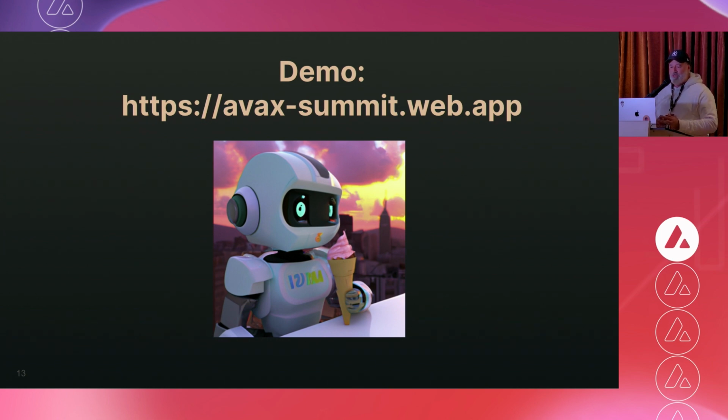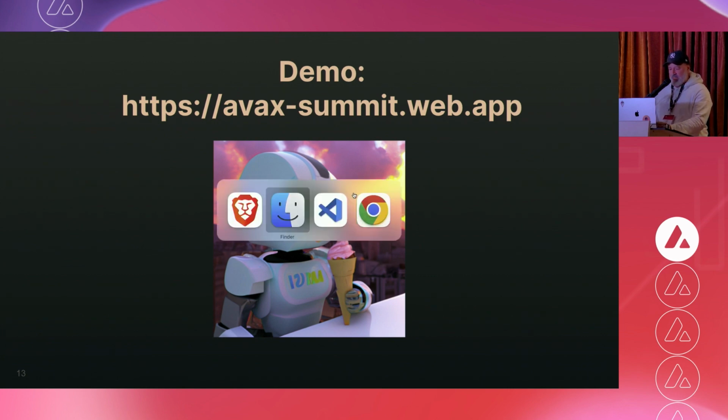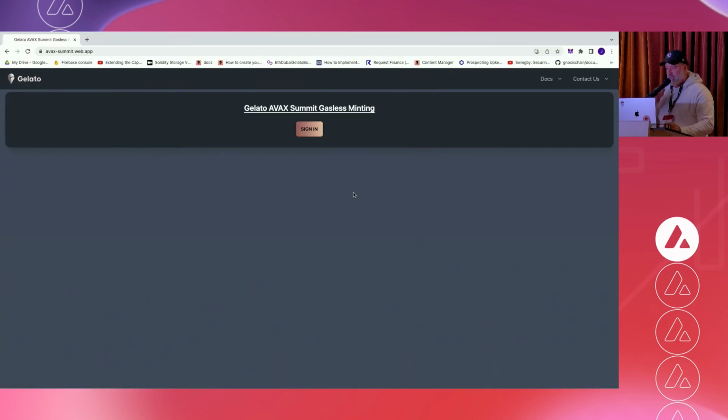If you go to this URL, avax-summit.web.app, you will land on this web page. Here we're going to use different Gelato products. First, we're going to use the Gelato Gasless Wallet.